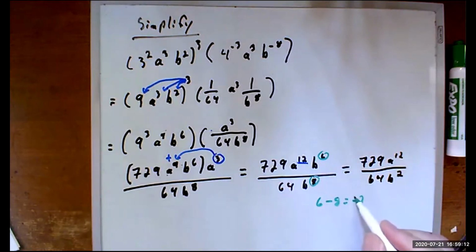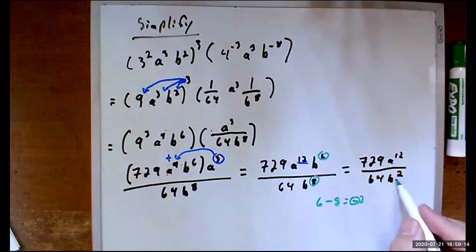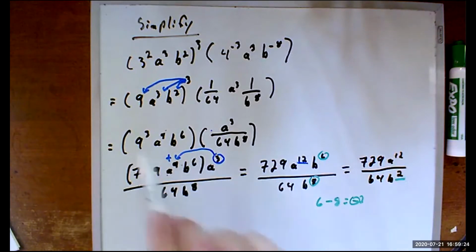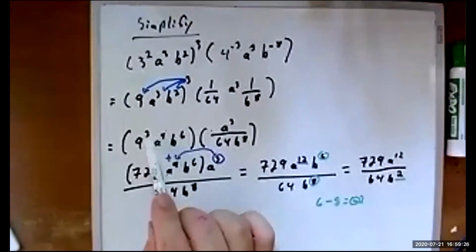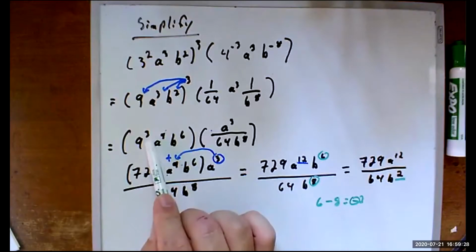And because it's a negative, we want it on the bottom of the fraction, so we put it there. Those are the two pieces I skipped over a little bit quickly, so hopefully that'll help clarify some things for some people. The 729 came from the 9 cubed, 9 times 9 times 9.